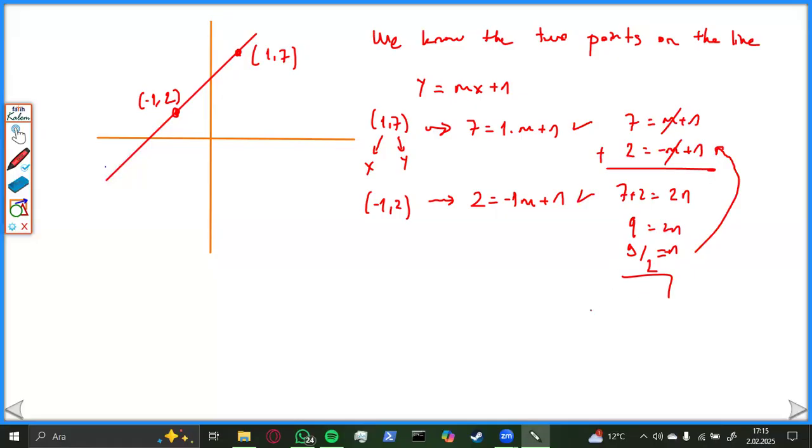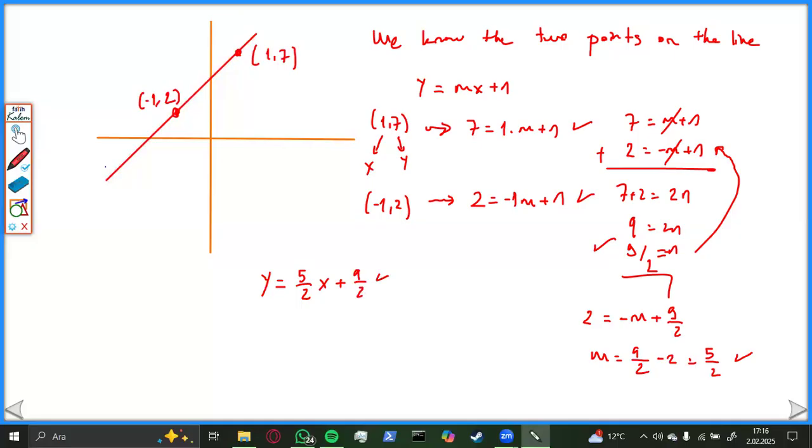For instance, you can use this one: 2 is minus m plus 9 over 2. So m is 9 over 2 minus 2, in other words 5 over 2. Now we know n and m, so the equation is y equals 5 over 2 x plus 9 over 2.